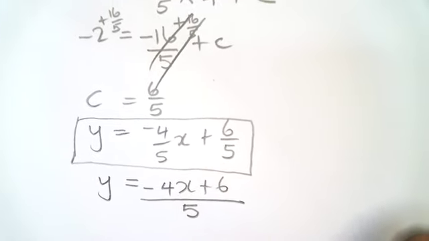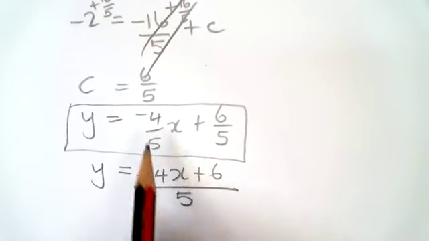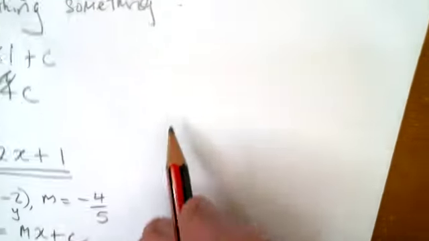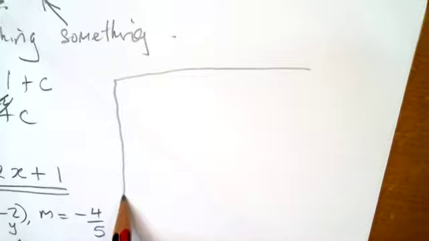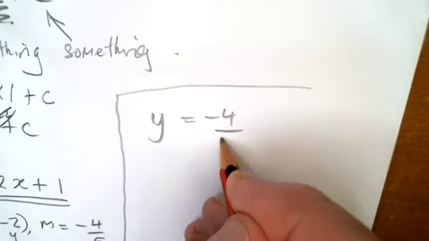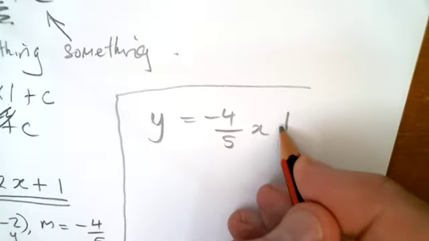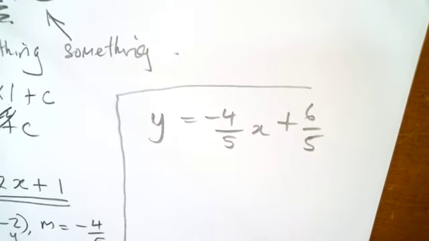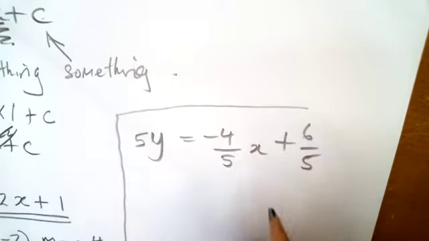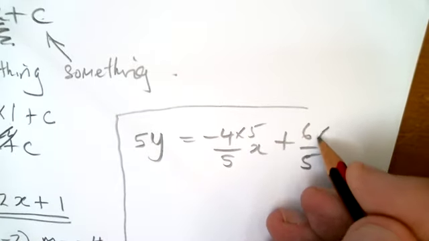In the general form, we would just simply get rid of all the fractions. So to write the general form, I'll do that now for you. General form is quite a useful way of doing it, because it means we have no fractions. Here we go. Y is equal to negative 4 on 5 x plus 6 on 5. To get rid of the denominators, I'm just going to multiply everything by 5. Multiply this by 5, this by 5, and this by 5.